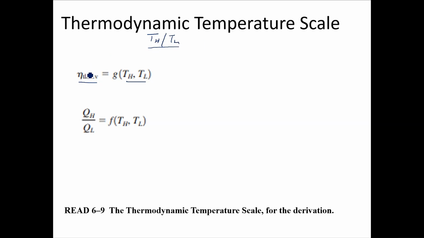That means the efficiency of a reversible heat engine is a function of the temperature of the source and the sink. Clear? So there is some function G of TH and TL, and the efficiency of a reversible heat engine depends on the function of TH and TL. Is this clear so far?